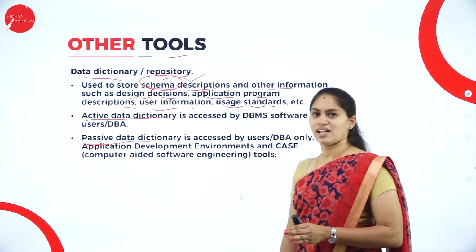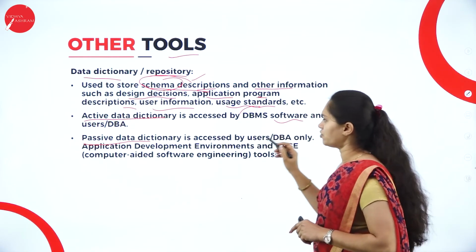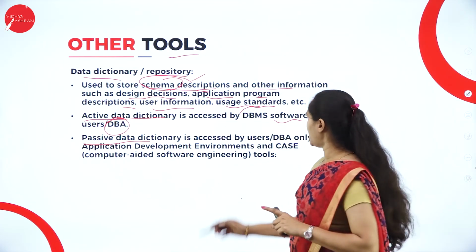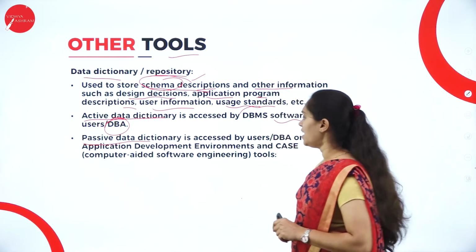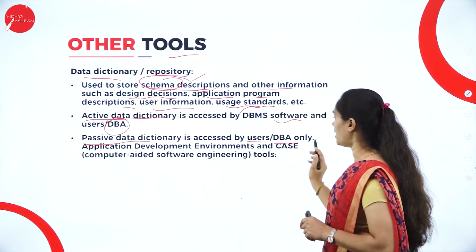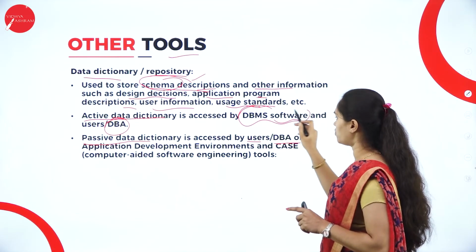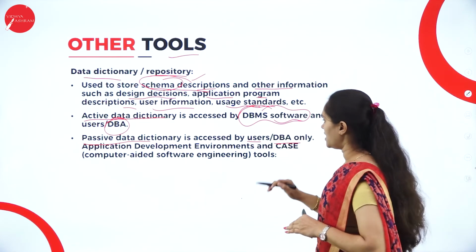The active data dictionary is accessed by the DBMS software as well as by the DBA, the database administrator, or by the user. The passive data dictionary is accessed by the user or DBA only. It can't be accessed by the DBMS software. That is the difference between active and passive data dictionaries.